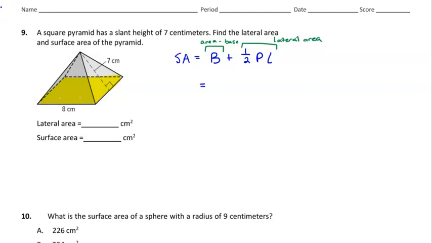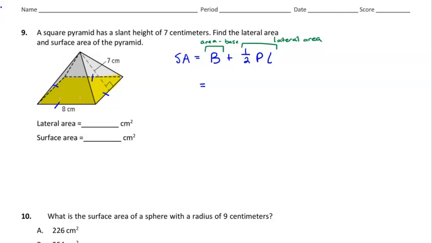it tells us that this is a square pyramid or a regular pyramid. You might see it as either one. So in this particular question, it says square pyramid, but on your reference sheet, it says regular pyramid. And what they mean by regular pyramid is that the base is a regular quadrilateral, and a regular quadrilateral is a square.